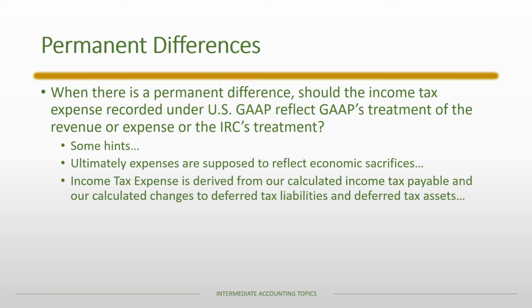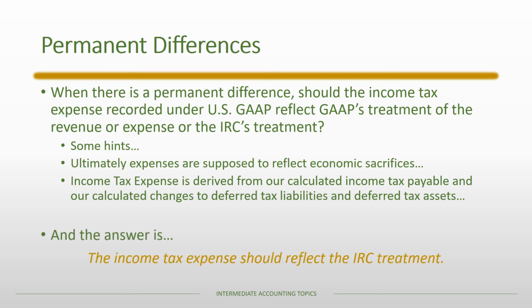Therefore, the income tax expense would be derived from the income taxes payable that we calculated under the Internal Revenue Code. But we know that income taxes payable are calculated from the way we define income under the Internal Revenue Code. Therefore, the income tax expense should reflect the Internal Revenue Code's treatment of any permanent differences.